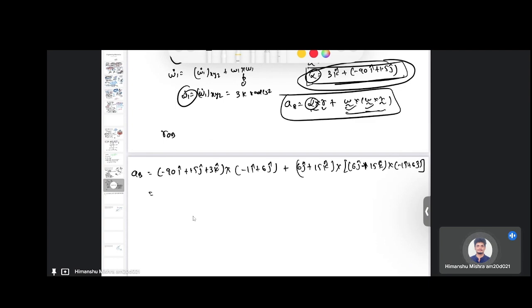On solving this, I will get 243i minus 1353j plus 1.5k.